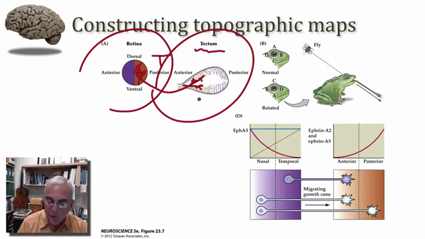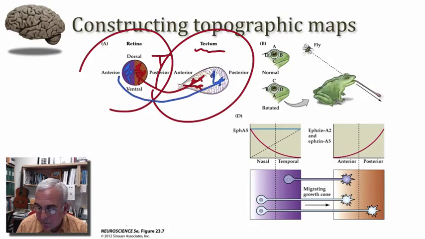Meanwhile, the more anterior or nasal part of the frog's retina sends its axons past the anterior part of the tectum to arborize mainly in the posterior part. Well, one fairly dramatic demonstration that there must be some kind of recognition that allows temporal retina to affiliate with the anterior part of the tectum and nasal retina to affiliate with the posterior part came from experiments that involved rotating the eye of a frog.